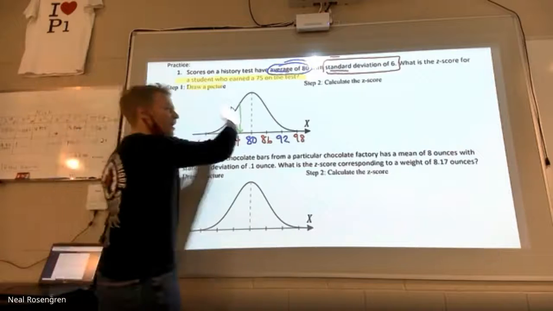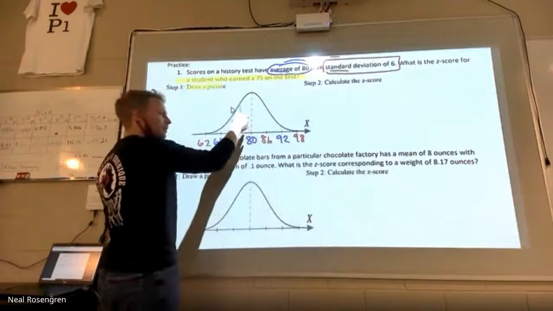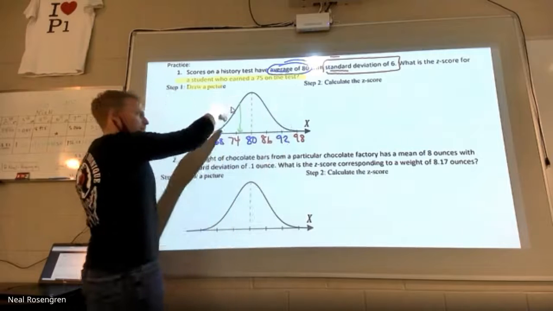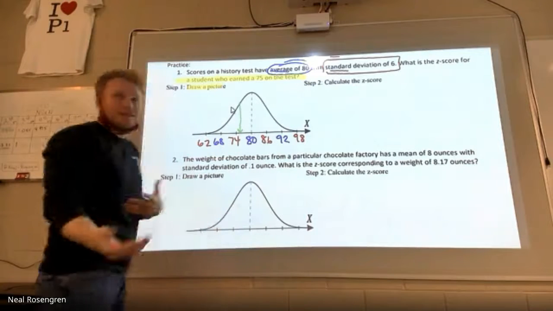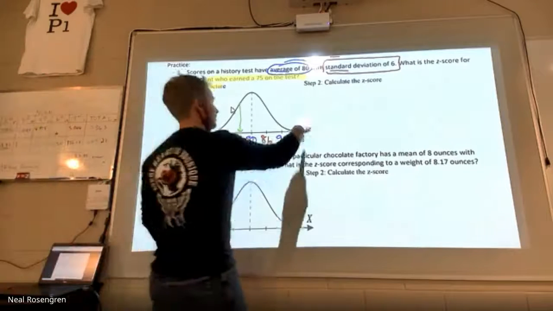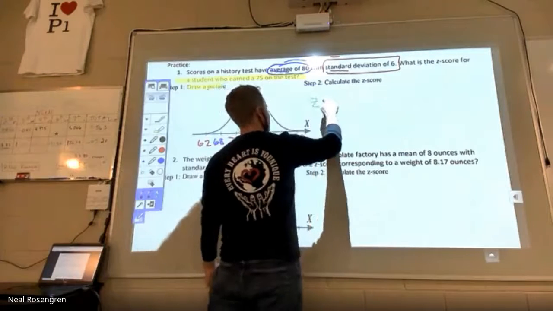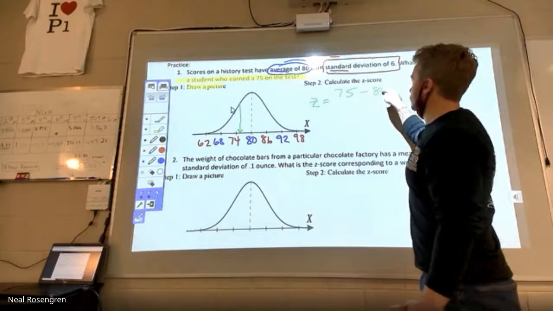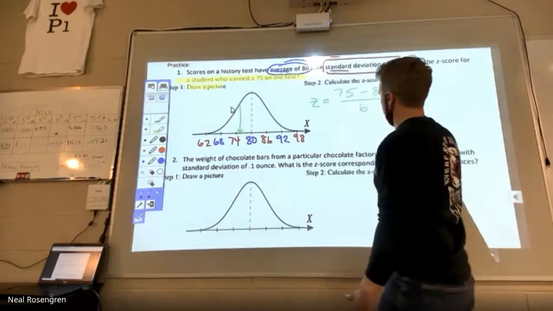Or if you get a z-score of 5, no, it's like over here, right? Remember, every tick mark is like a +1, +2, +3, -1, -2, -3. I should get something less than 0, but bigger than -1. Hopefully, let's see. Value minus average over the standard deviation.